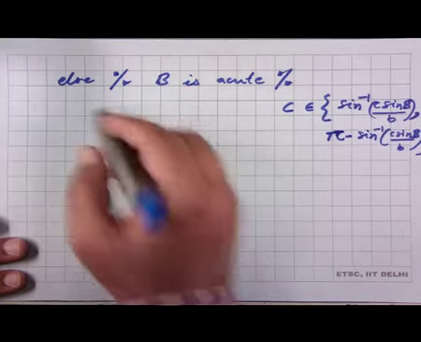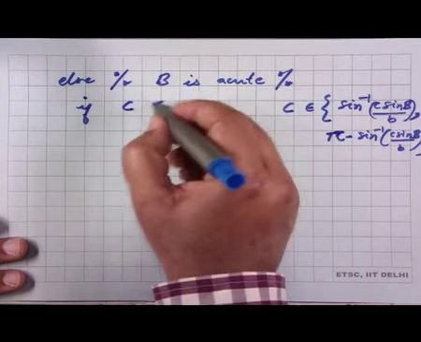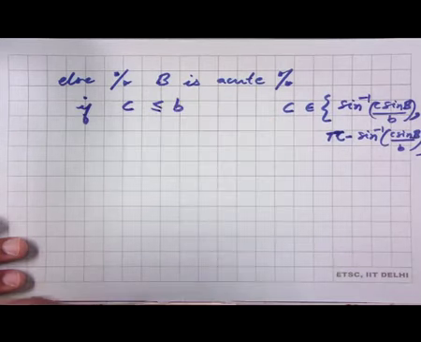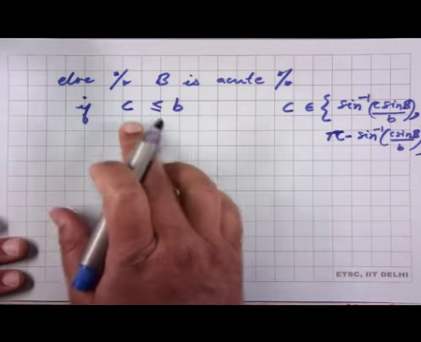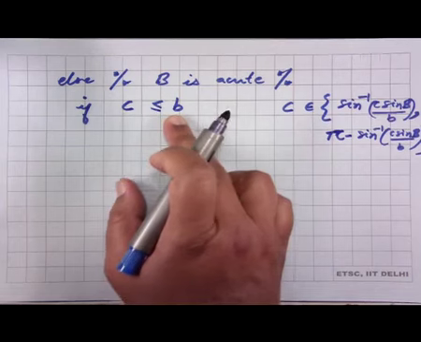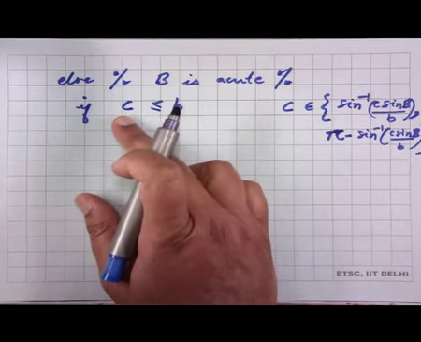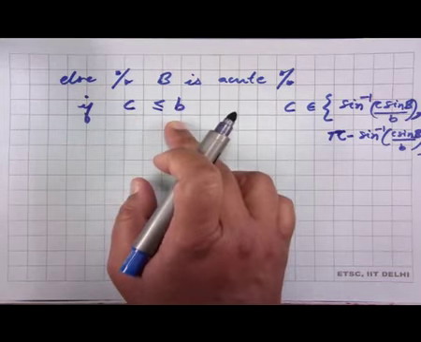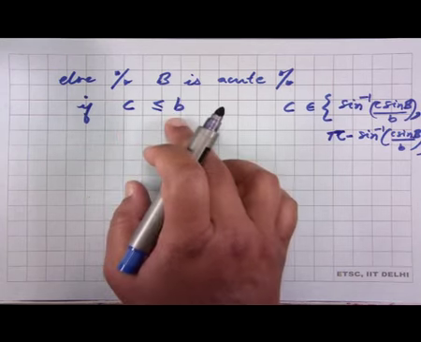However, in this case, if C is less than or equal to B, then it is clear that the angle C must be less than or equal to angle B, because if a side is less than another side, then the angle opposite to that side is less than the angle opposite to the other side.